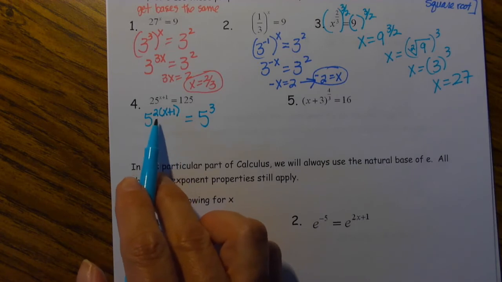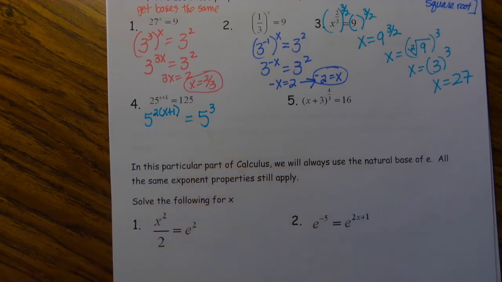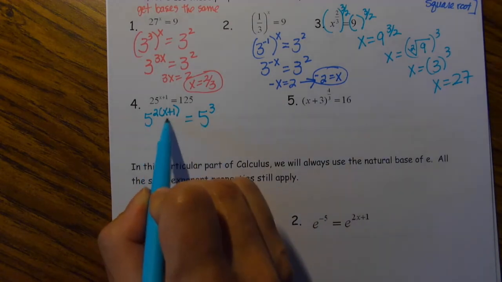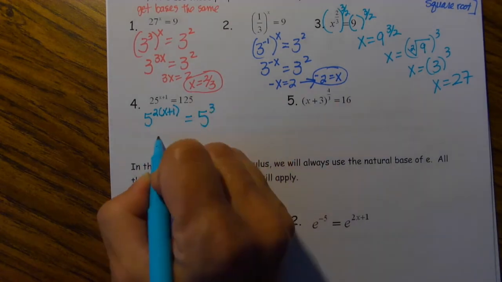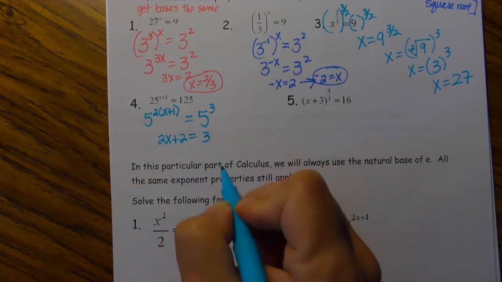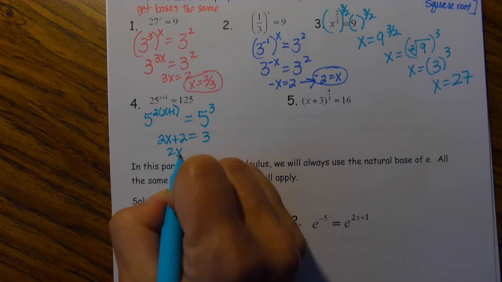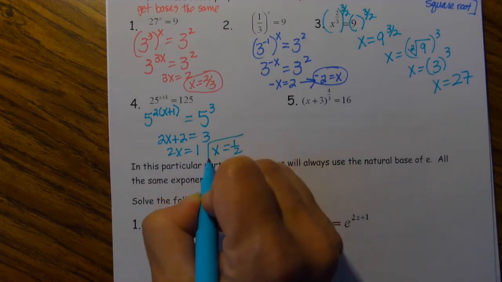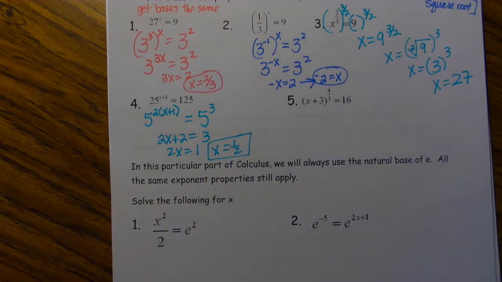And that's not 2x plus 1. It's 2x plus 2 because you have to distribute. So now that I've got the same bases, this exponent must equal that exponent. So 2x plus 2 equals 3. 2x equals 1. X equals 1/2. Right?